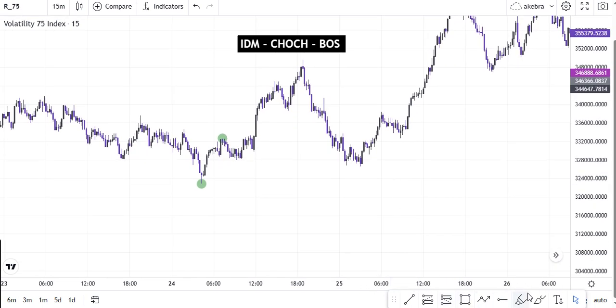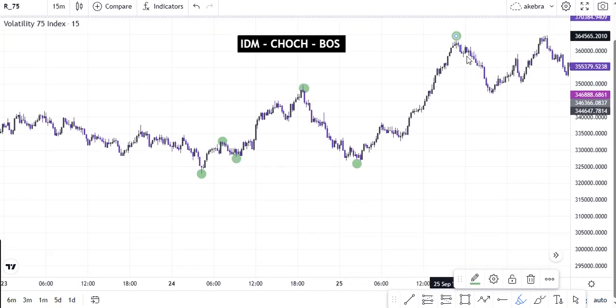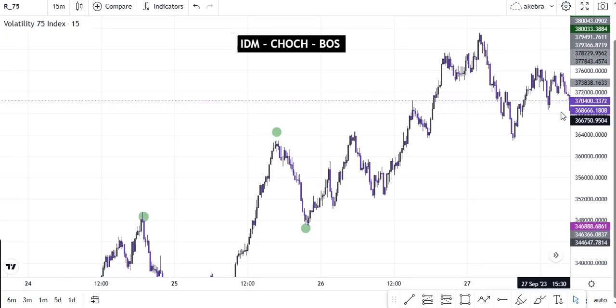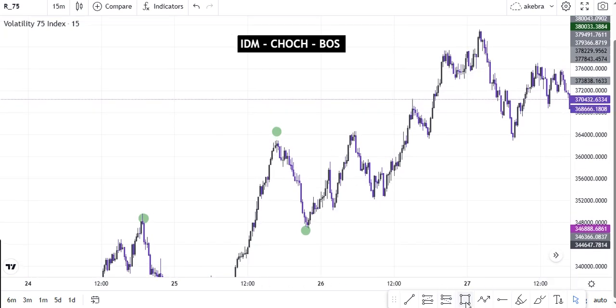Let me just map it out ASAP. You can keep mapping this out. The market tried to sweep here, came down.